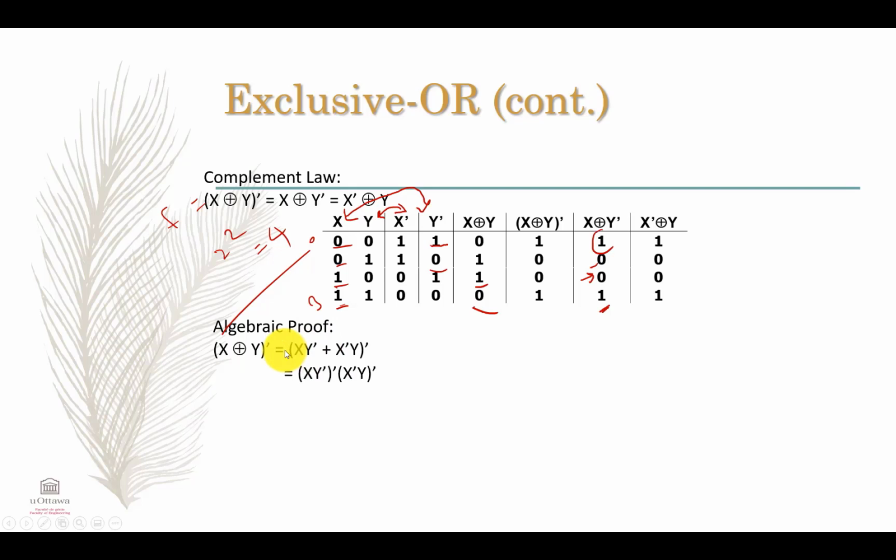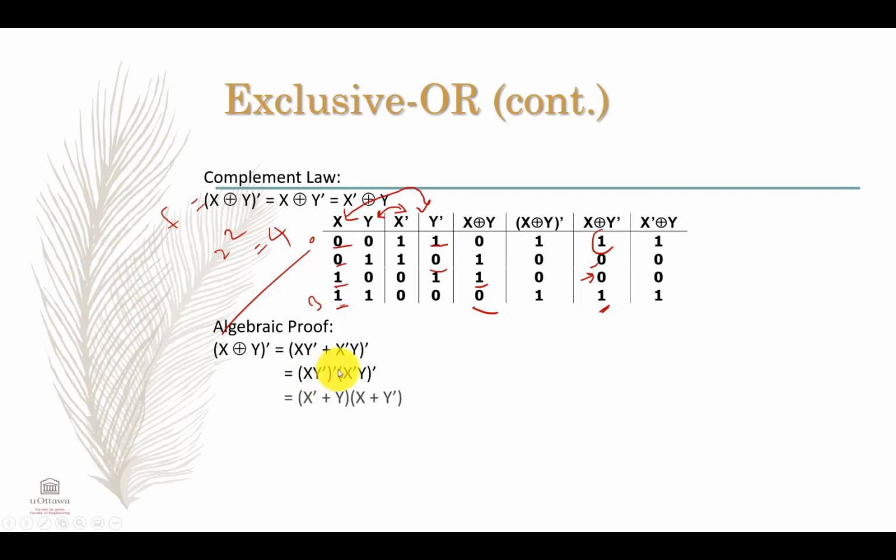When I apply it, I change the operation from OR to AND, and then each of the terms will be complemented, and I insert the complement inside the literals of each term.